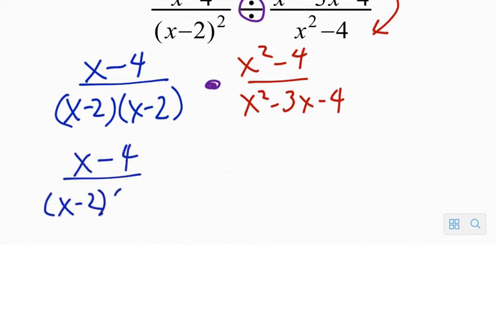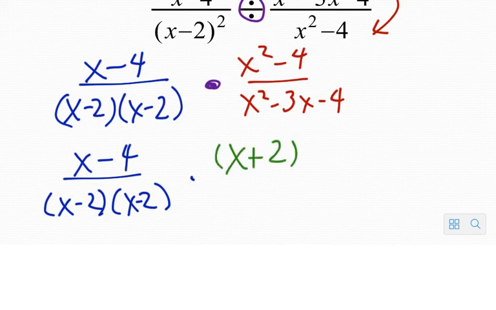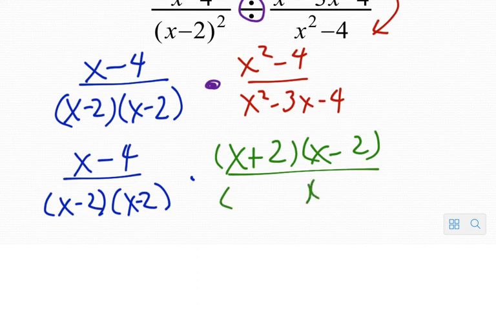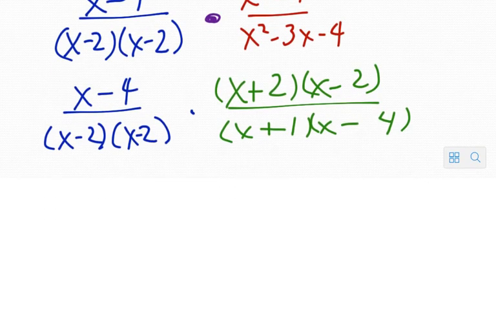So I'm going to factor everything that I can. This is the difference of squares. Okay, so now I'm going to multiply that, and so remember, just across the top and across the bottom.